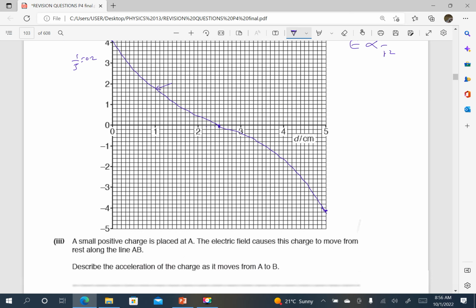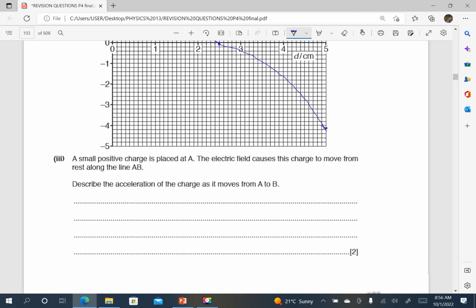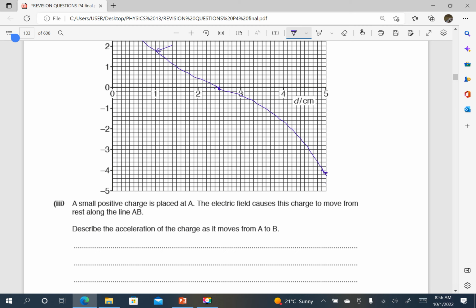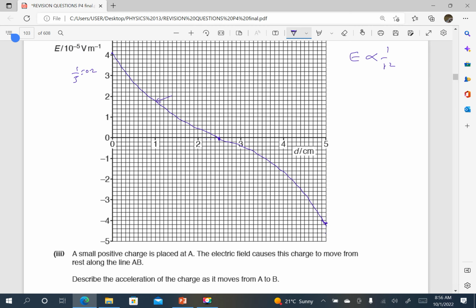And here the gradient should be increasing in the opposite direction because there is a change in direction of the fields. A small positive charge is placed at A. The electric field causes this charge to move from rest along the line AB. Describe the acceleration of the charge as it moves from A to B. Here you see if we are moving from A, the value of E is decreasing.